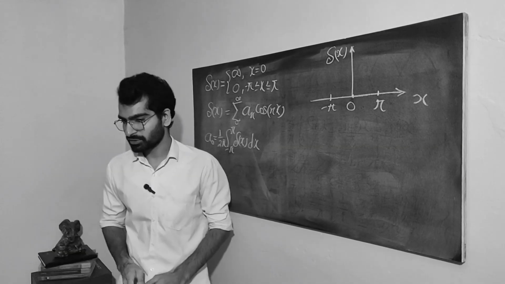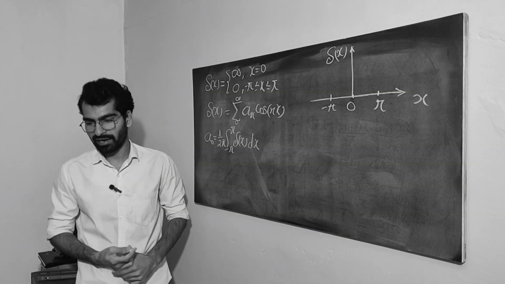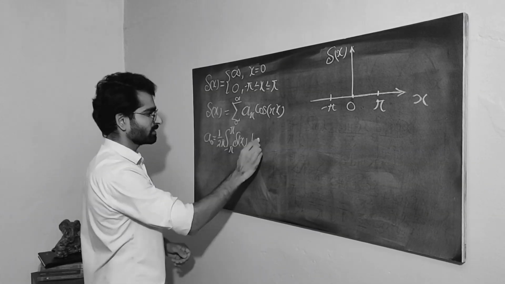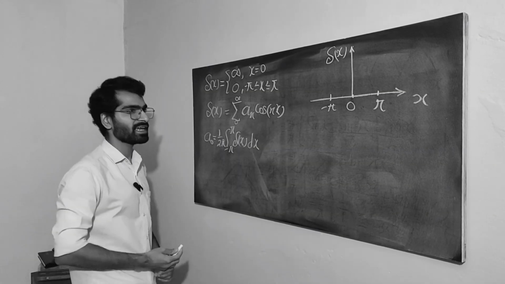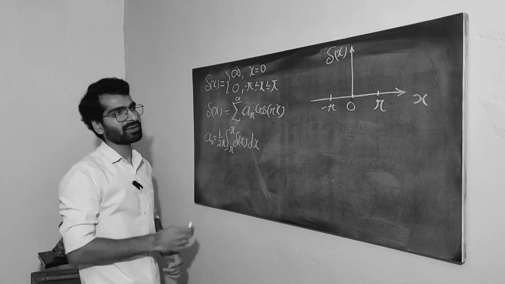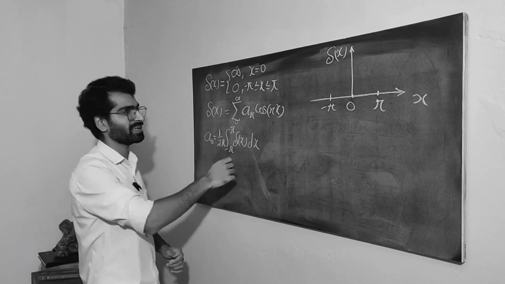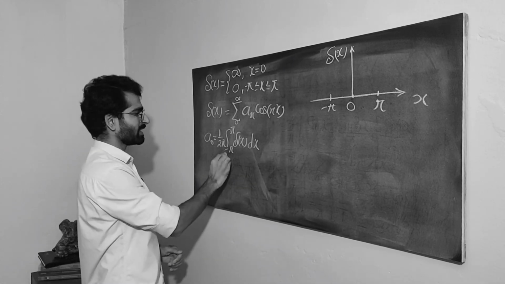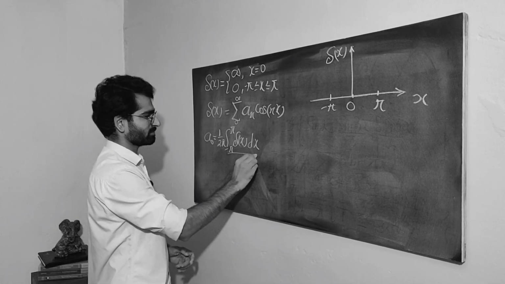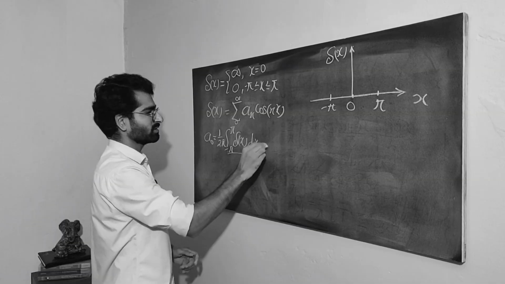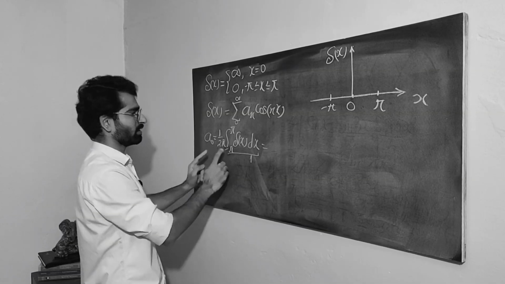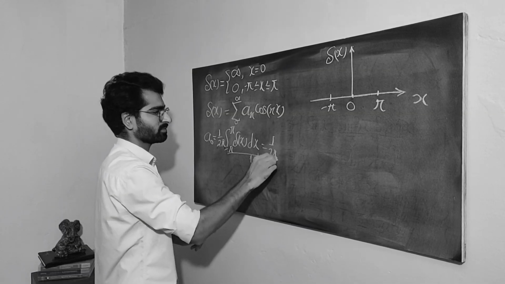And we are going to use now the first property of the delta function. This integral is the area under the curve of the delta function. I know it doesn't make sense, but it is the area under the curve. And this area is 1. So what you are left with is 1 over 2 pi.